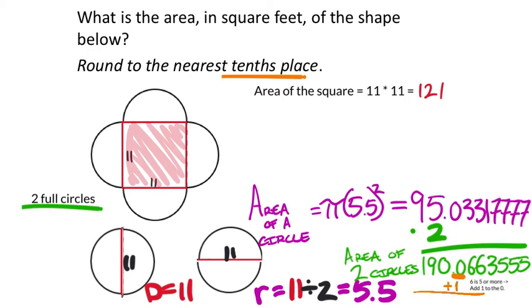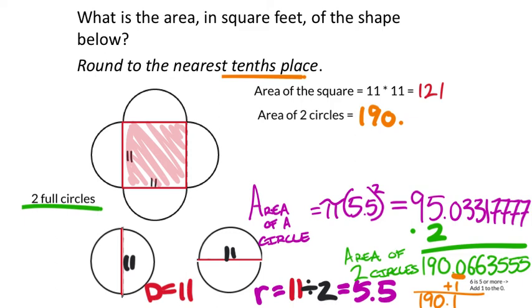Add 1 there, which makes this now 190.1 in square feet. So now I've got the area of the square, I have the area of 2 circles, rounded in fact, which is showing 190.1.